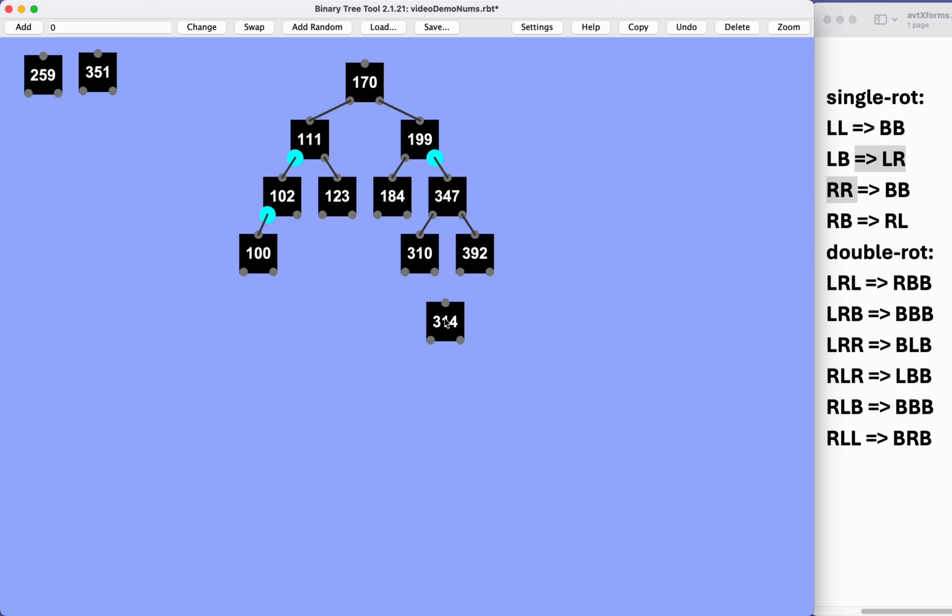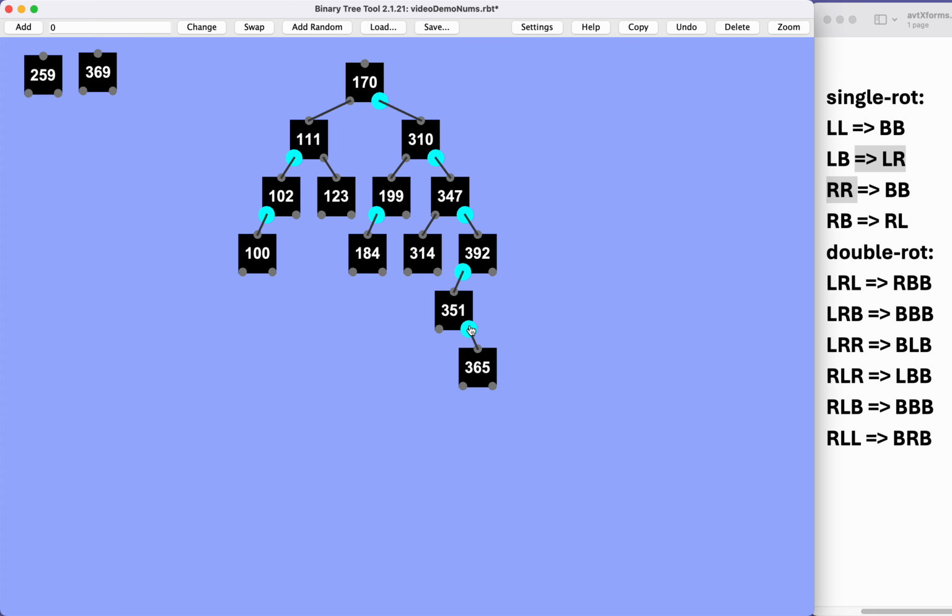314 ends up going right there. And so I have an increase in height here, here, and now I can't make this guy any more right-leaning. I have a right, left, right, which becomes left, balanced, balanced, and a double rotation. 351 ends up going as a left child of the 392, and I actually see the height growth propagate all the way up. 365 ends up being the right subtree of the 351.